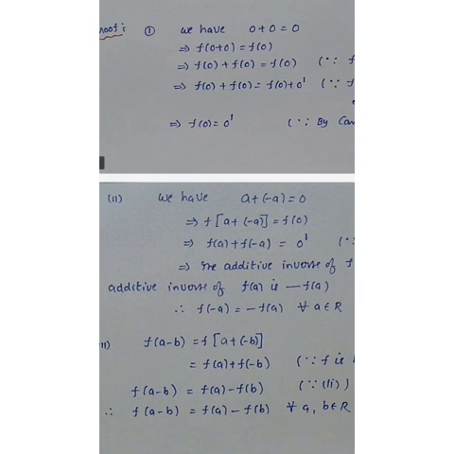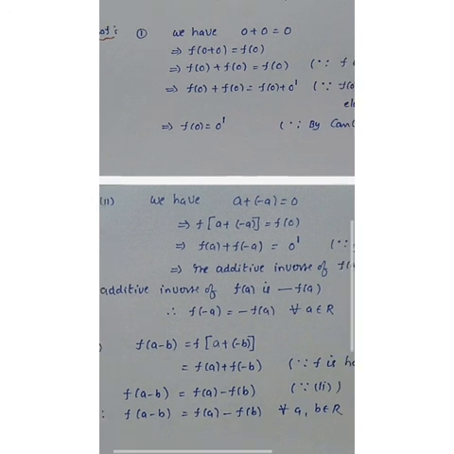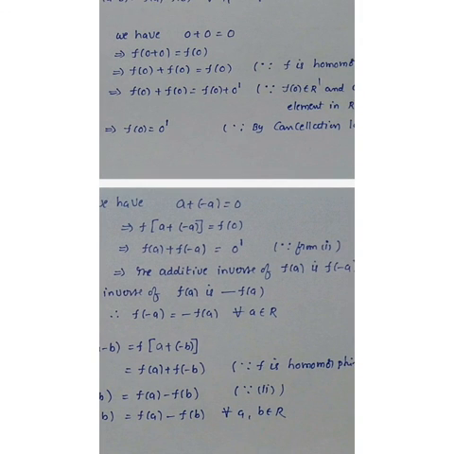Here also, to show the second part, we start with a + (-a) = 0. Applying f on both sides, since f is a homomorphism, f(a + (-a)) can be written as f(a) + f(-a), which equals f(0). From the first one we know that f(0) = 0', so in place of f(0) we can write 0'. Finally we get f(a) + f(-a) = 0'.